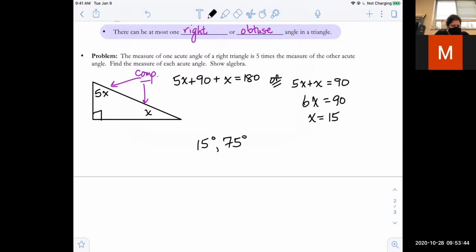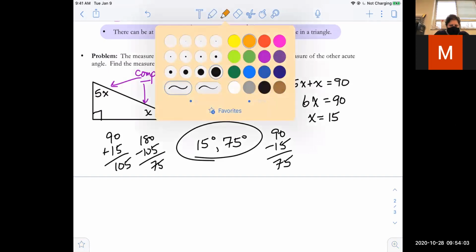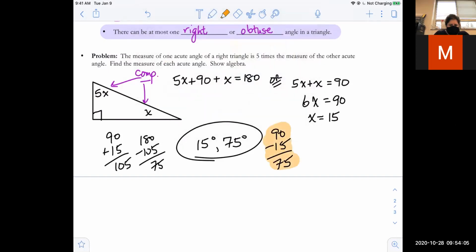Of course, you could do 90 plus 15 is 105, and then do 180 minus 105. But it's a lot easier to just say those have to add to 90, so 90 minus 15 is 75. Either way works, this is just the easier way. The other way works, it's just a little longer.